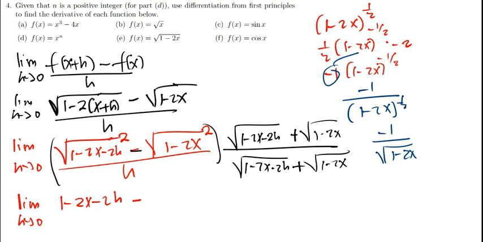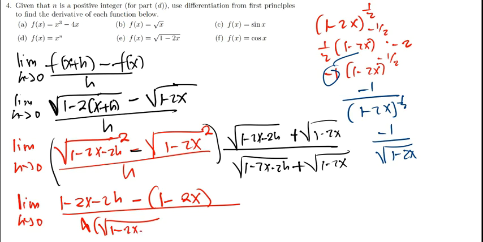But here there is a problem. Minus, I'm supposed to put this in brackets. That bracket is going to affect everything inside there. I divide that by h, open brackets, I have this plus root of 1 minus 2x.